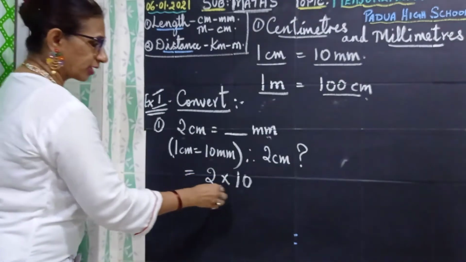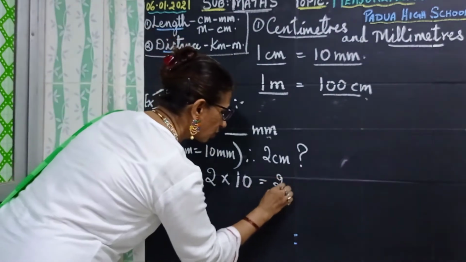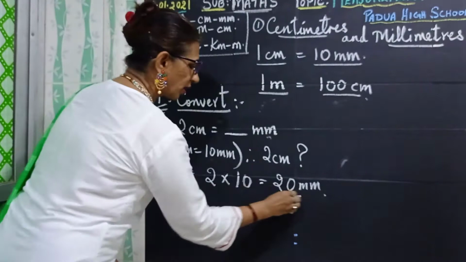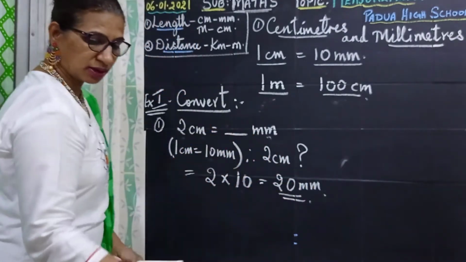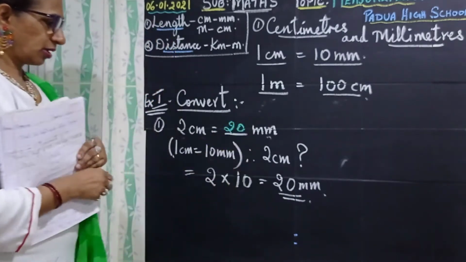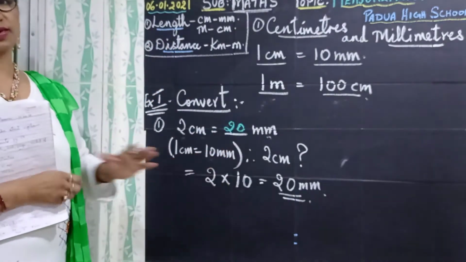Clear? And then what do you get? That's equal to 20 millimeters. So what is your answer? You will put your answer here as 20 millimeters. Have you understood? These conversion sums are this simple.